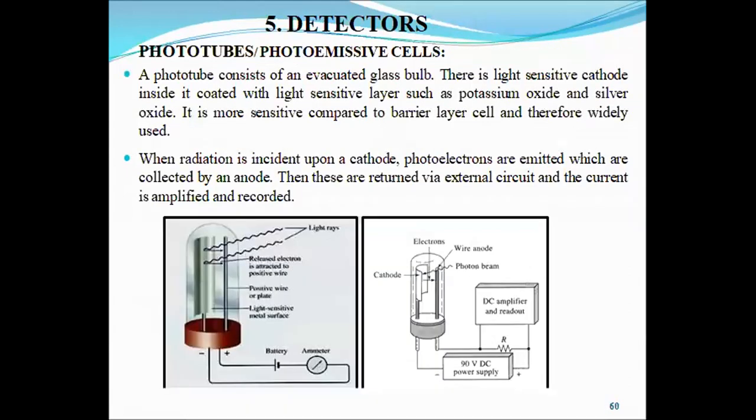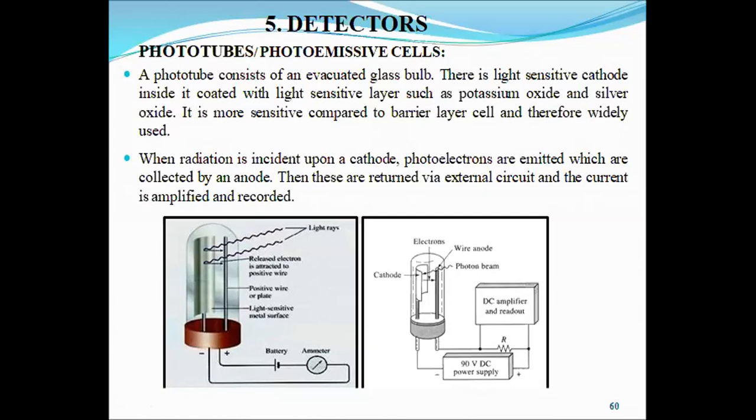Next is the phototubes, which we also call photoemissive cells. A phototube consists of an evacuated glass bulb. There is a light sensitive cathode inside it, which is coated with a light sensitive layer such as potassium oxide and silver oxide. It is more sensitive as compared to the first one, the barrier layer cell, and it is most commonly used.